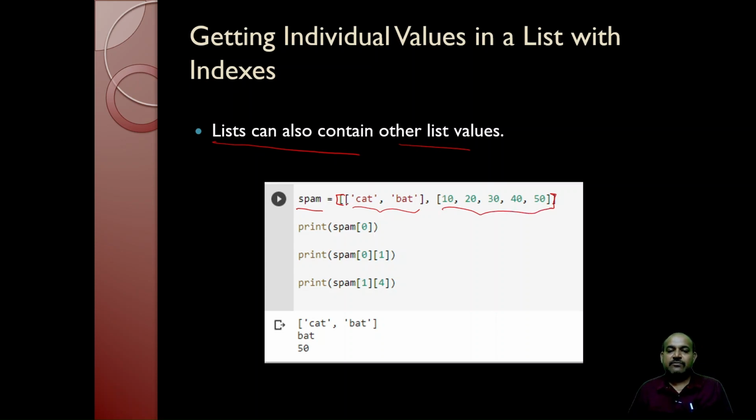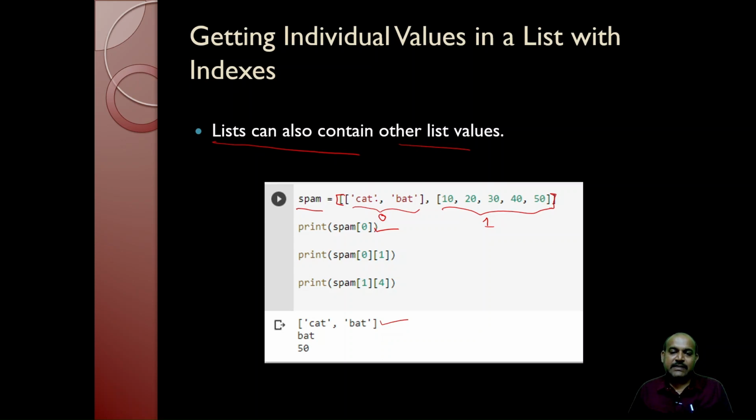Now, as we know that it is indexed, so this entire list within a list is indexed as 0, whereas this is indexed as 1. Therefore, if I try to access spam of 0, it gives you both cat as well as bat. That means the entire list is indexed as 0. Similarly, if I ask what is spam of 1, it will definitely give you this entire list.